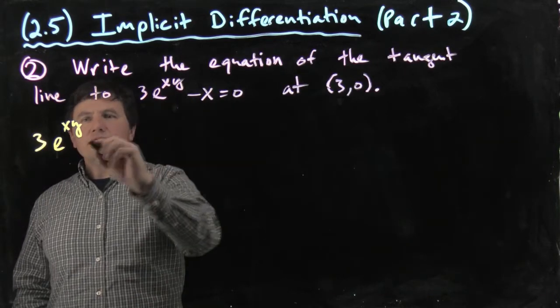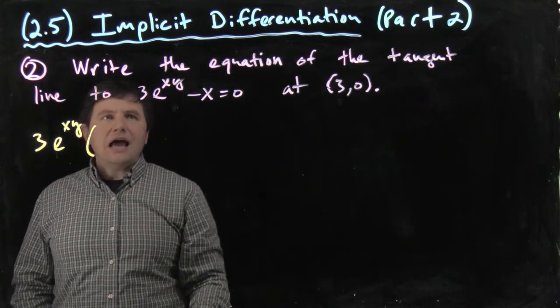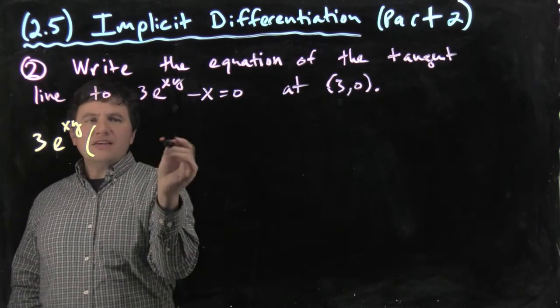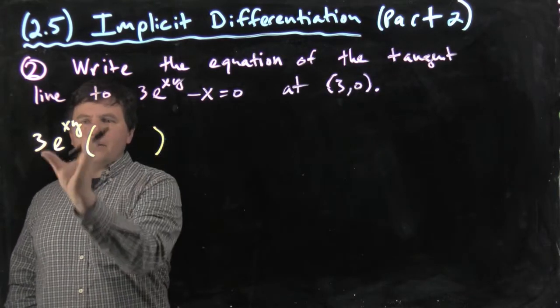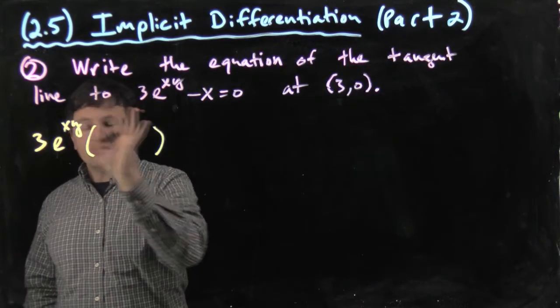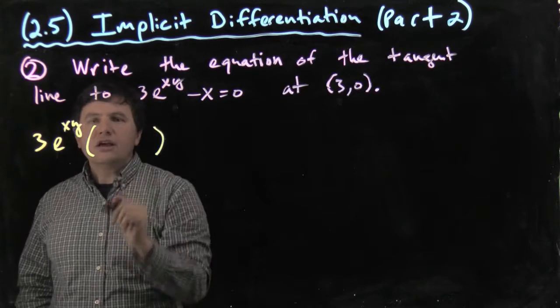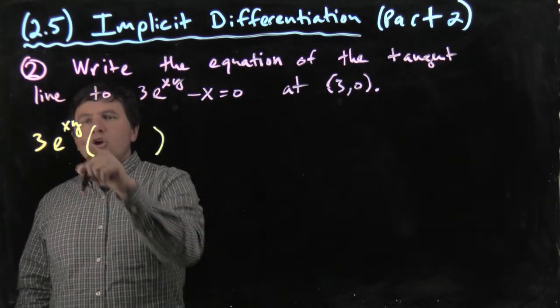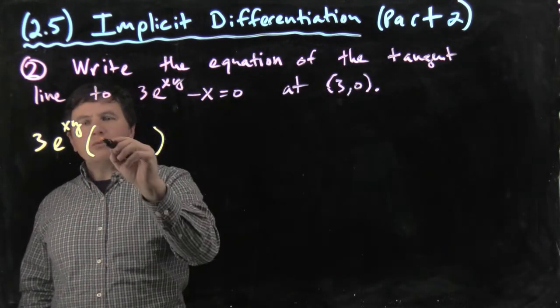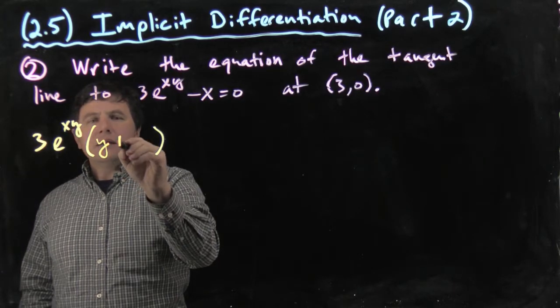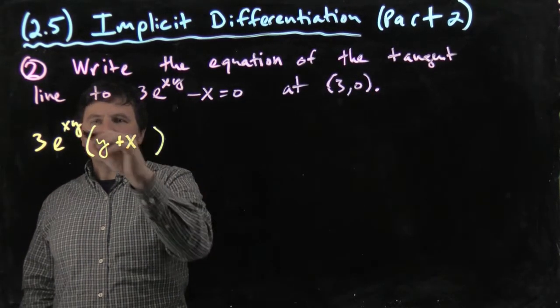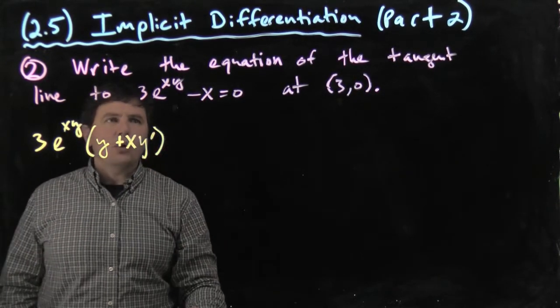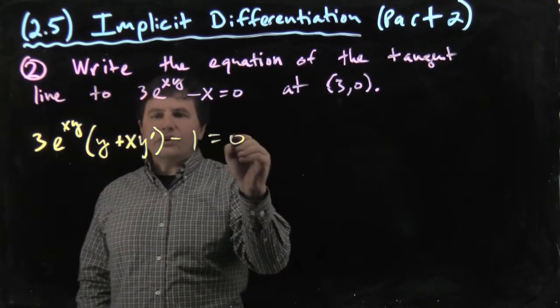Now, when I take the derivative of xy, I've got to use product rule. This must be in parentheses here because it's this whole thing times this whole thing. So the derivative of x will be 1, copy down the y, plus, now we're going to copy down the x, the derivative of y is y prime. Okay, minus 1 equals 0.